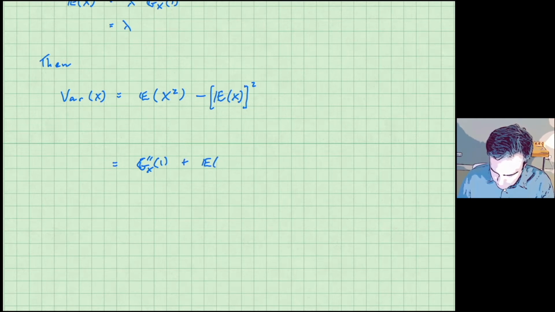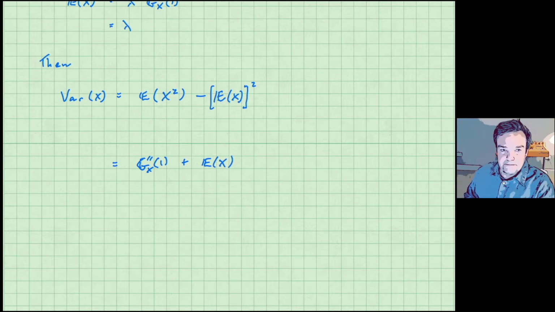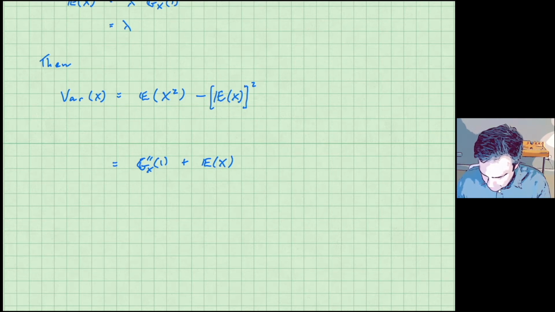Or you could explicitly make use of that corollary that's in the notes. It's the same thing. And then we subtract off this extra term, minus the square of the expected value. We can now put this in as lambda squared.